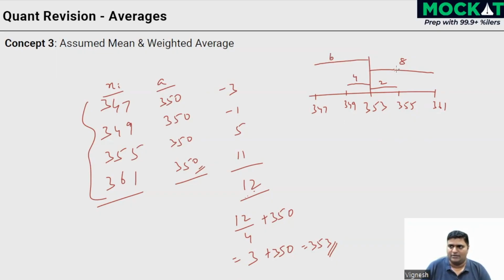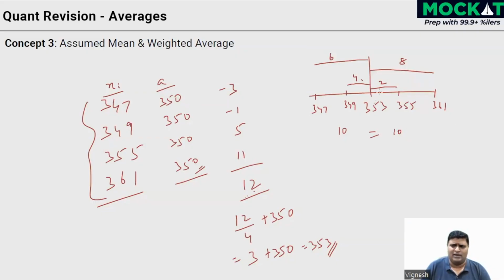Sum of these is 10, sum of these is 10. So the sum of the distances of the values to the left of the average, that comes to 10, and the sum of the distances of the values to the right of the average, that comes to 10. Both of them are going to be equal, right?